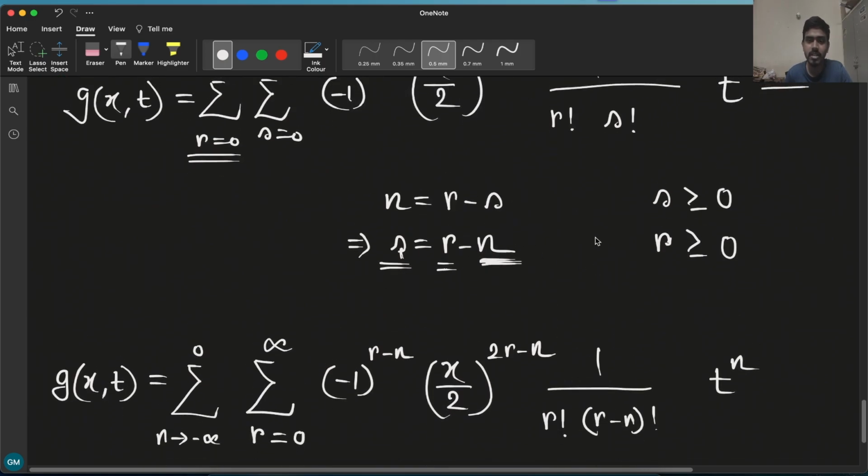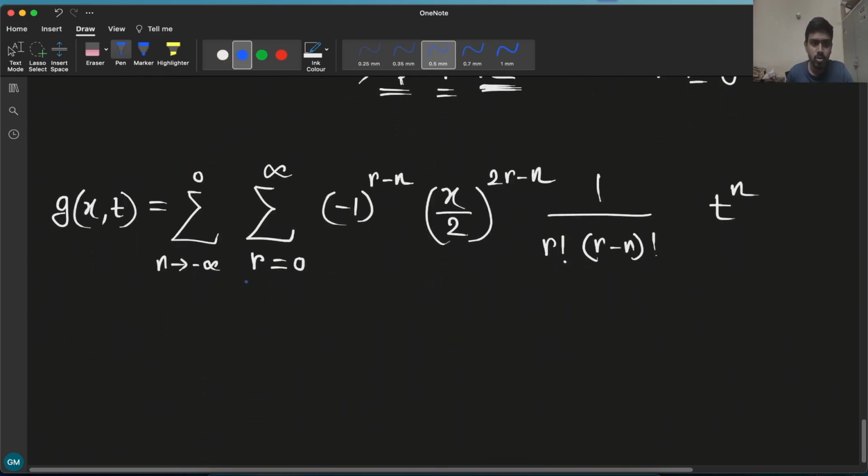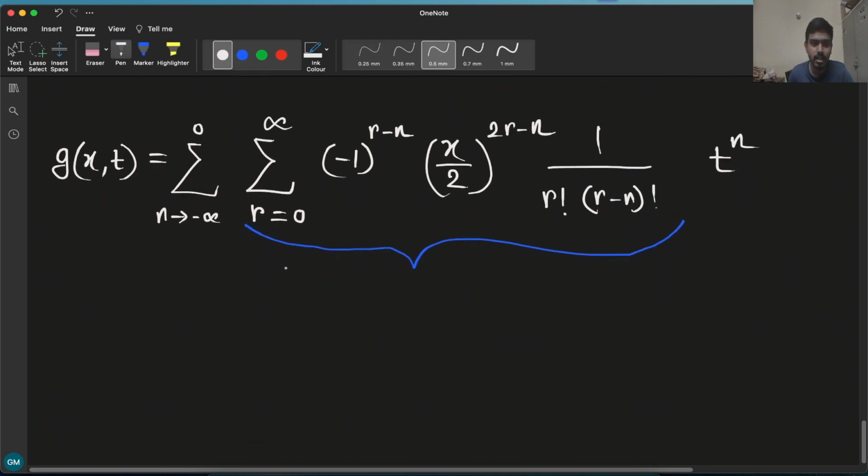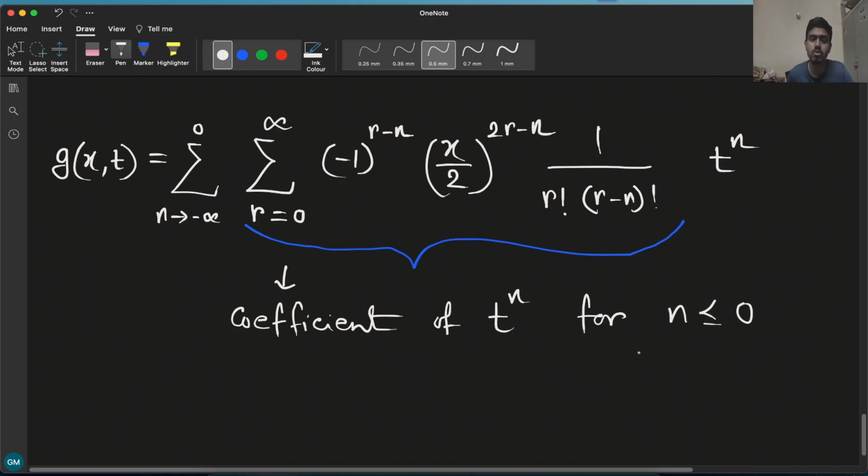Okay, r minus s is n. So now you can see that the coefficient of t to the power n is this term. This is basically the coefficient of t to the power n for n less than or equal to 0.